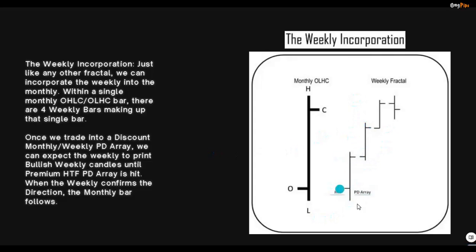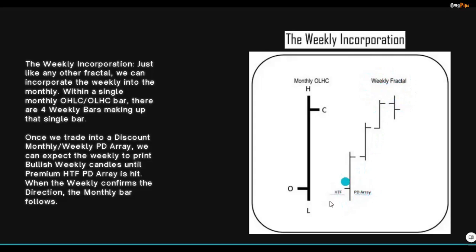So once price taps into a discount PDRA, we can expect bullish candlesticks until price taps into a premium PDRA. When the weekly time frame confirms the direction, the monthly bar follows.